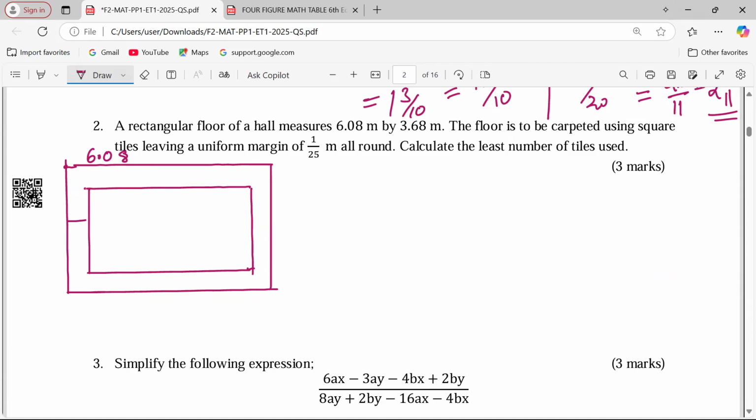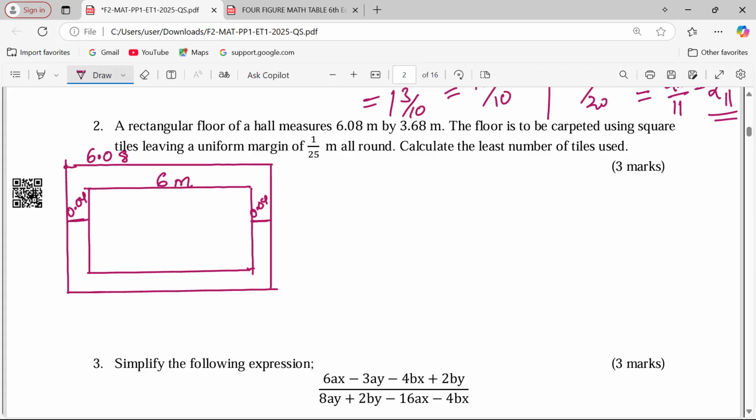But now we shall subtract from this side and also from this side 0.04 meters, which means the inner length now shall be 6.08 minus 0.04 minus 0.04, and we get exactly 6. So the inner part, which will be tiled, shall be measuring exactly 6.